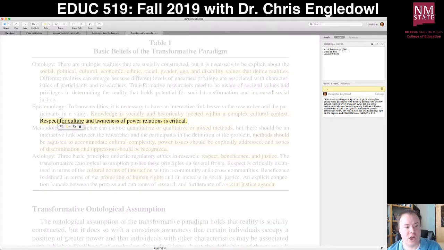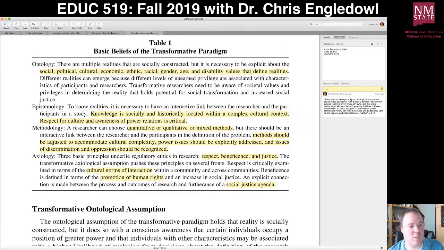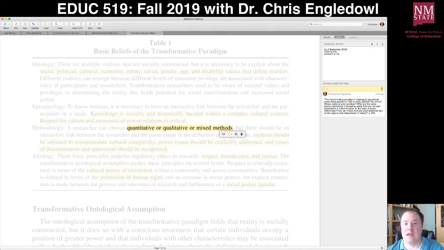Respect for culture and awareness of power relations. Again, this idea of power relations. Methodology, they're saying it doesn't matter. Pick whatever is useful to this end of understanding and dismantling the ideas of power.